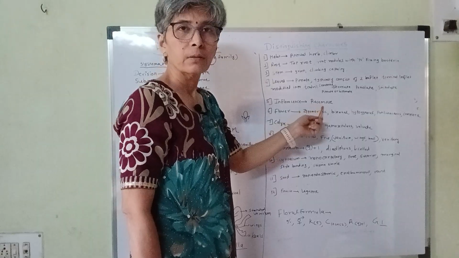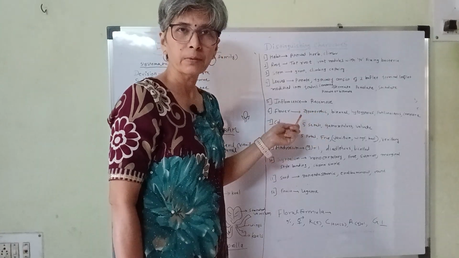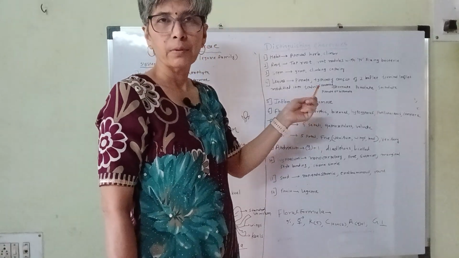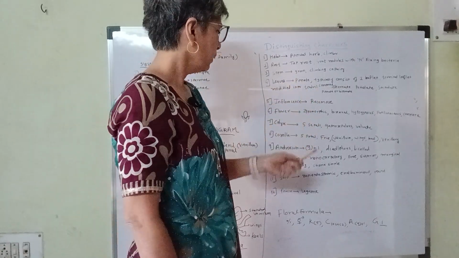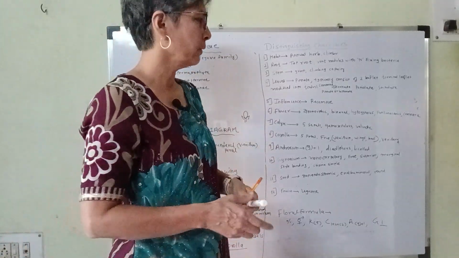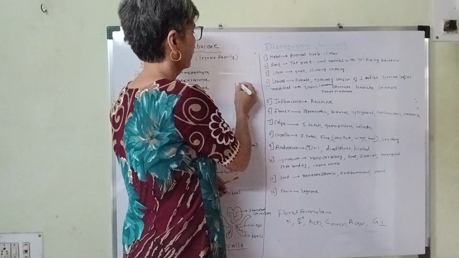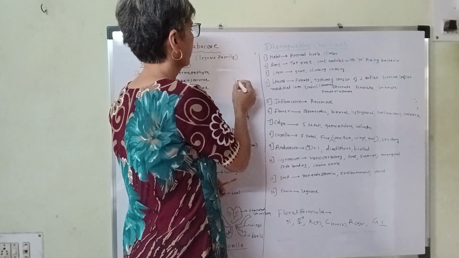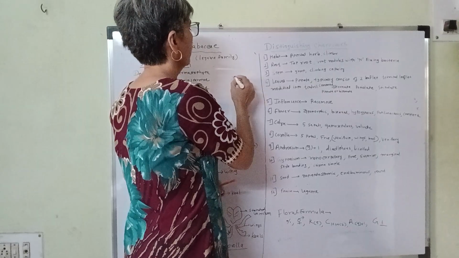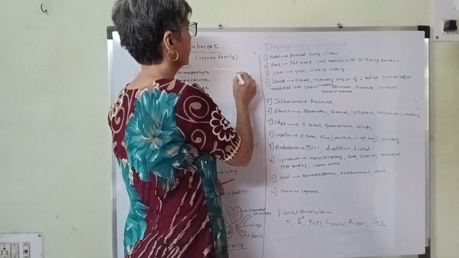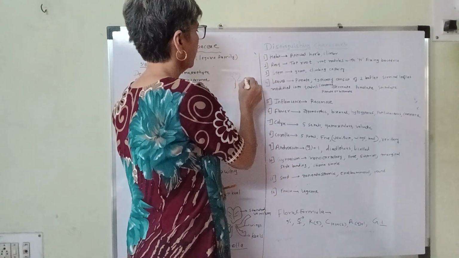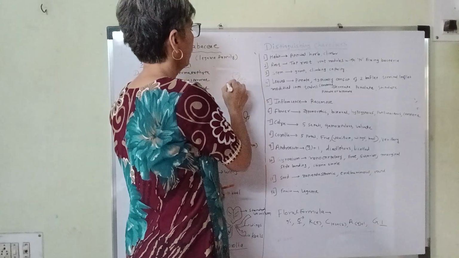Inflorescence, racemose type. Do you know racemose type? In this type, the younger flower is towards the upper position and older flower is towards the lower position.